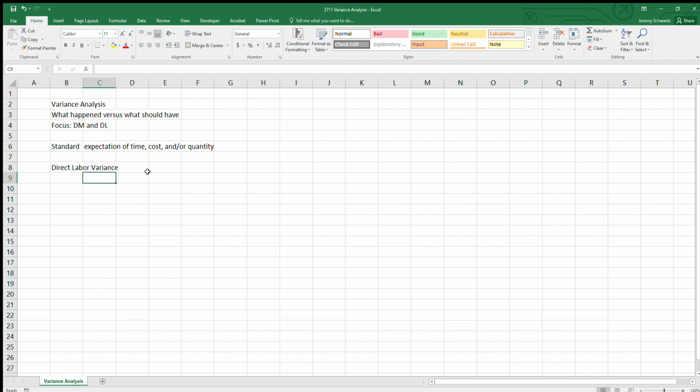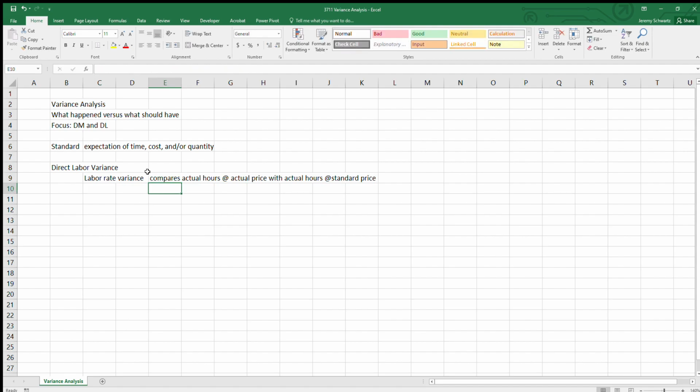One is the labor rate variance, and what this does is it compares actual quantity, or in this case hours, so actual hours at actual price with the actual hours at the standard price.